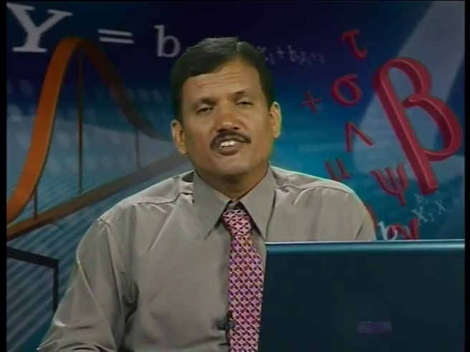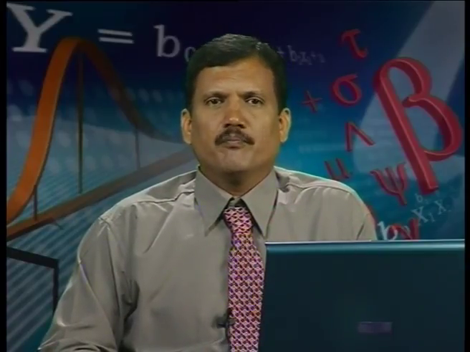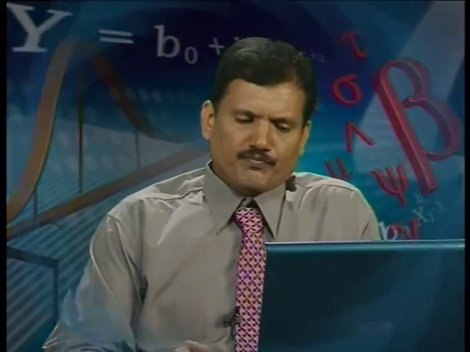According to Keynes, it increases by more than 0 but less than 1. The MPC will lie between 0 and 1. This is a statement of theory. Whether this statement is accepted or rejected can be examined with the help of econometric techniques. Then how do we test this statement?